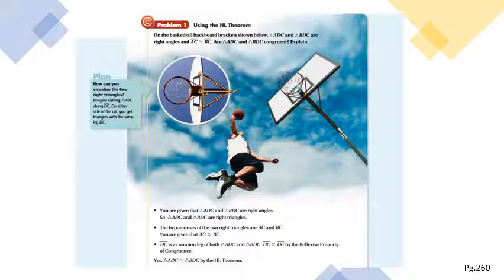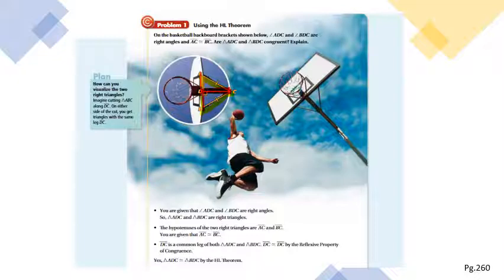Explain. Okay, so I want you to look at this triangle. They said here that angle ADC is a right angle and angle BDC is a right angle also. So here we have one pair of right angles.